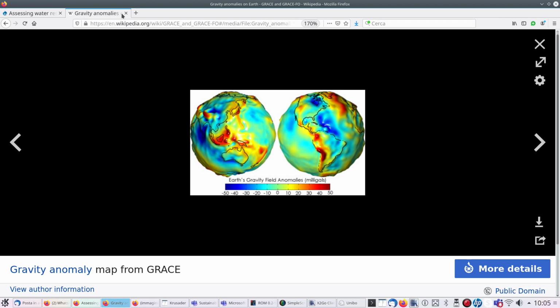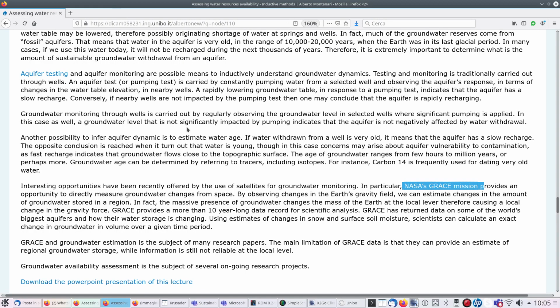Now I'm closing this picture. This is an important information. Still, it doesn't tell us how much water is there. So it's not a final answer, but still it's something that is indeed very relevant.